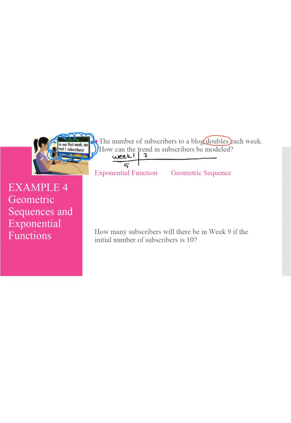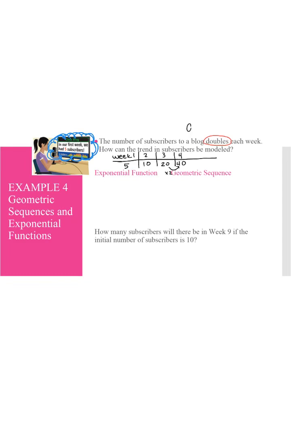In week 2 I am doubling that, so that would be 2 times as big, so that would be 10. In week 3, I would have 20 subscribers. In week 4, I would have 40. So every single time we are multiplying our number of subscribers by 2. There are 2 different ways to write this as an exponential function or a geometric sequence.